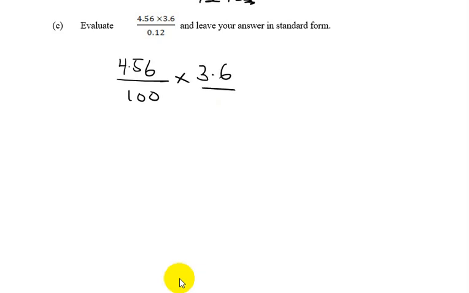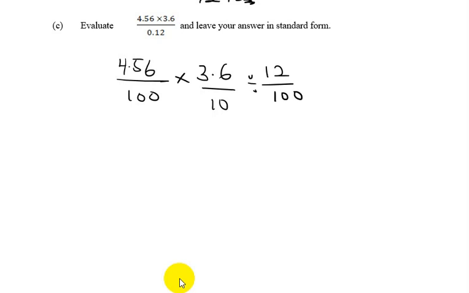Now, with the C part of question 1, we have 4.56 times 3.6 all on 0.12. So with this, there are a lot of ways of solving it, but let's go for the simple way, okay? So we can rewrite this as 4.56 all on 100 times 3.6 all on 10, then divided by 12 on 100.